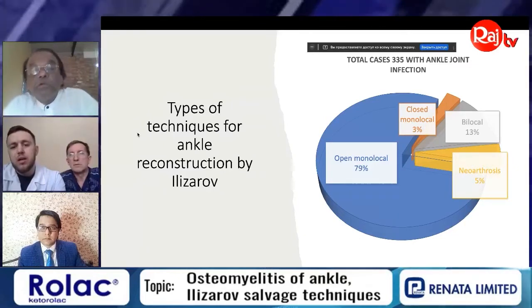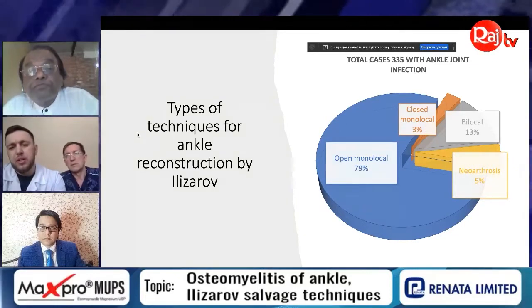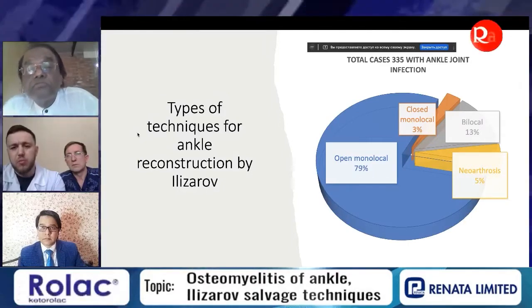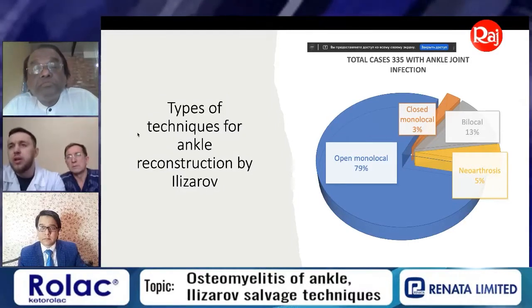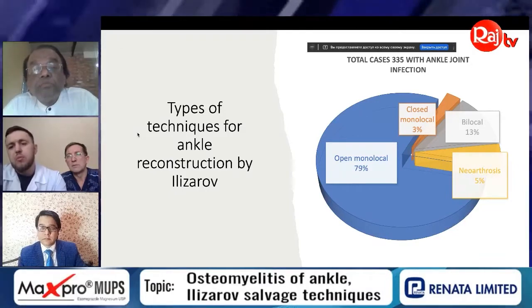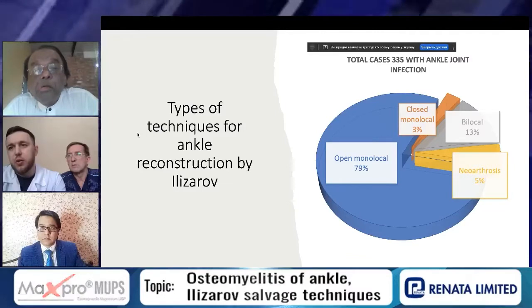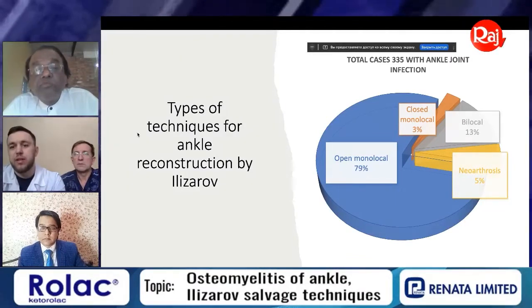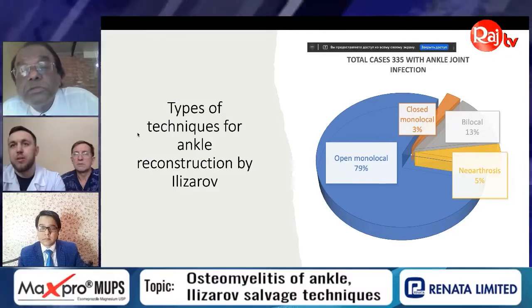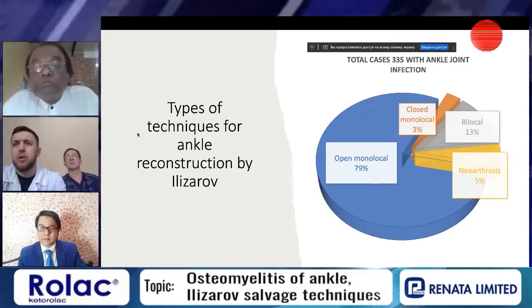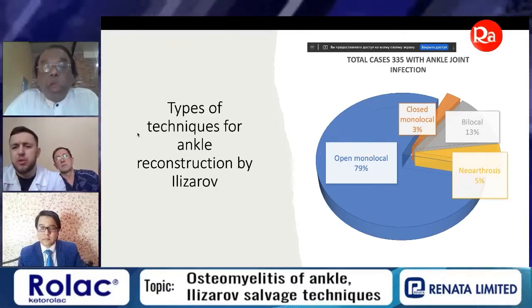Here we include closed monolocal, just the compression method for ankle arthrodesis. The bilocal technique is when we do debridement in the first stage, and in the second stage, after debridement, after distal proximal tibial osteotomy, healing of the bone defect.